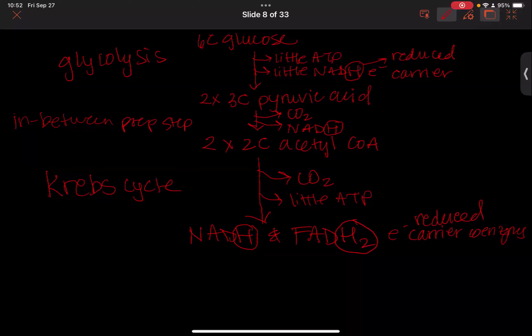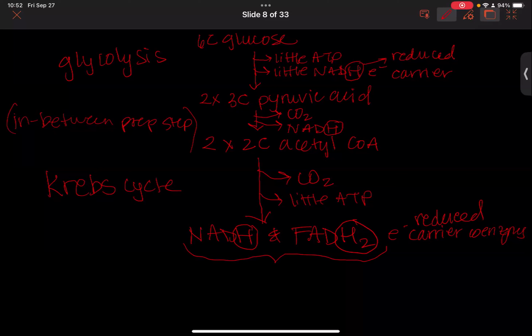Okay. So now we can take all of these guys that we've made from all of these steps. We have, like I said, this is an in-between. It's not a true step, but there's something that happens there. So I want you guys to be aware of how that's working out.